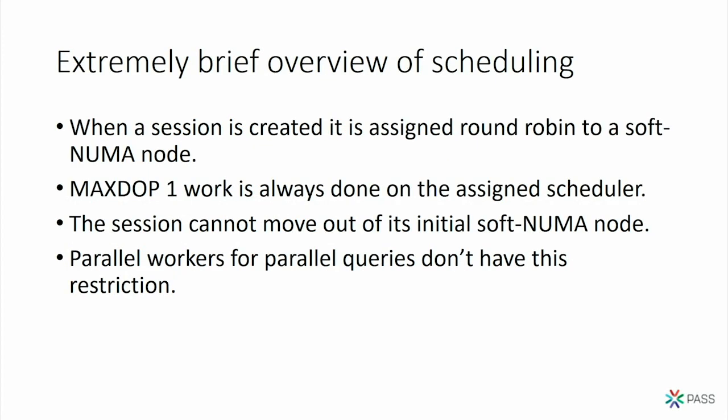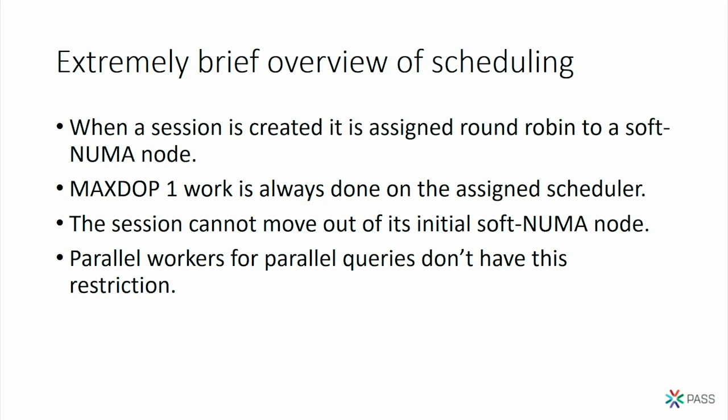Okay, you might be wondering, I have 112 sessions, I have 112 CPU cores. Why do I have doubled up workers, right? I should have 1 scheduler per session. So again, I'm going to explain scheduling in 2 slides instead of just 1. When a connection is created, it gets assigned round robin to a soft NUMA node.